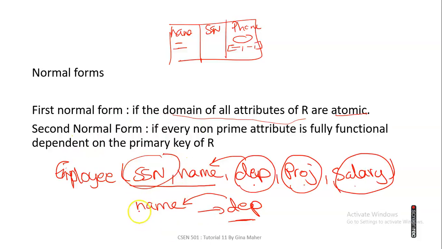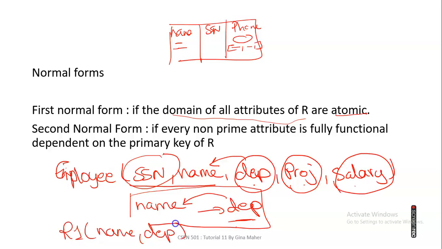So in this case, if we have department dependent on name, we are going to remove department from this relation and make a new relation with name, department, and remove department from here, so that in each relation, each non-prime attribute is fully functionally dependent on the primary key.